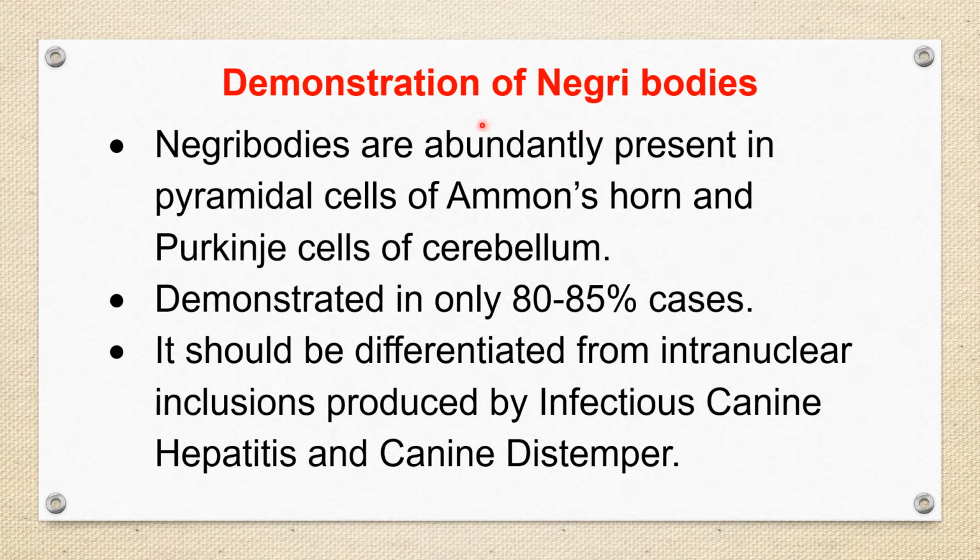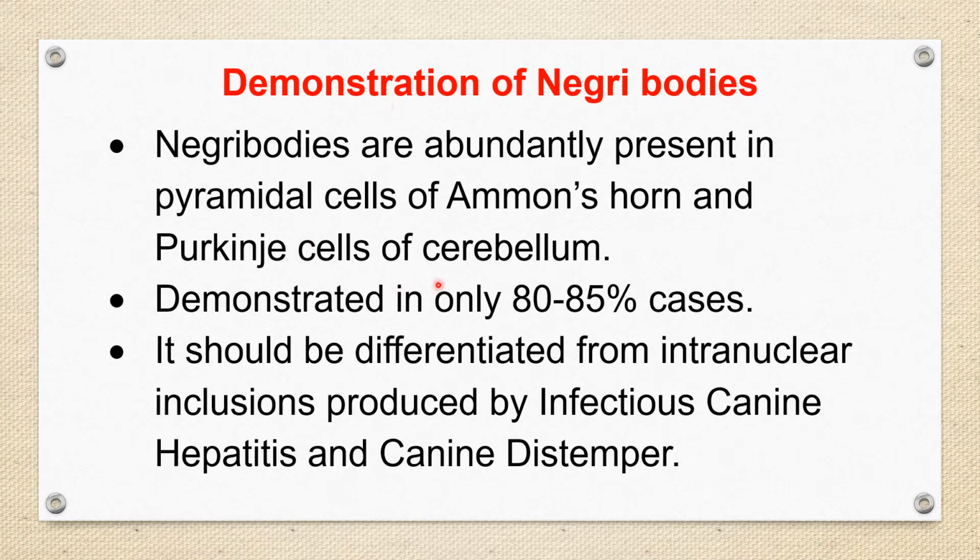We have seen the collection of samples. In the laboratory, the specialist will look for the Negri bodies. Negri bodies are present in large amounts in pyramidal cells of Ammon's horn and Purkinje cells of the cerebellum.